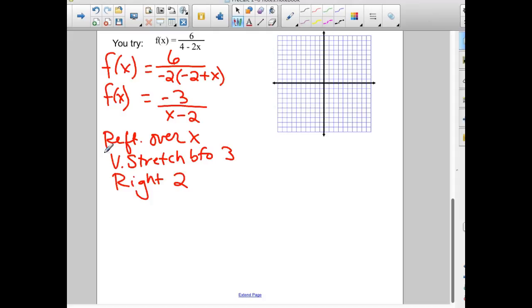It becomes x minus 2, so right 2. Okay, so where would my asymptotes be? I heard x equals 2, that's your vertical one. And we shifted, did we go left or up and down at all? So horizontal is still at 0.